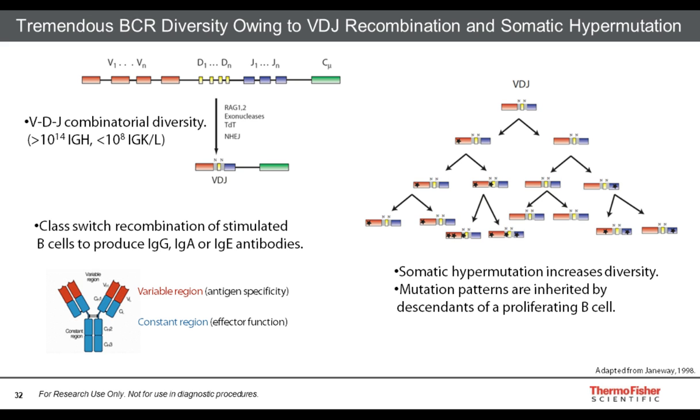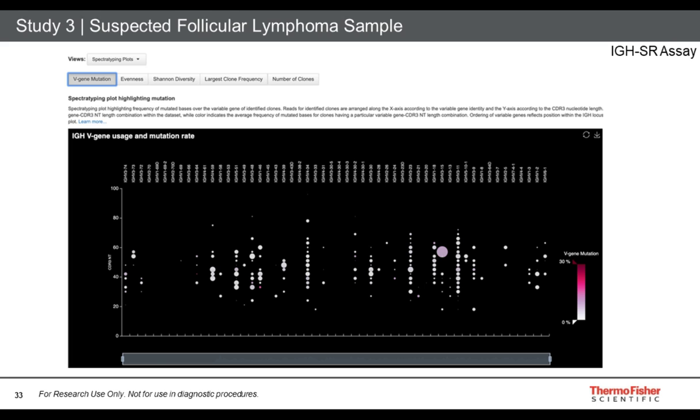So here's an example of a sample of suspected follicular lymphoma. And this, again, was a sample that was difficult to evaluate for clonality because, as you can note, there's not a clearly dominating clone. And this data was produced by the IGH-SR assay from FFPE DNA.